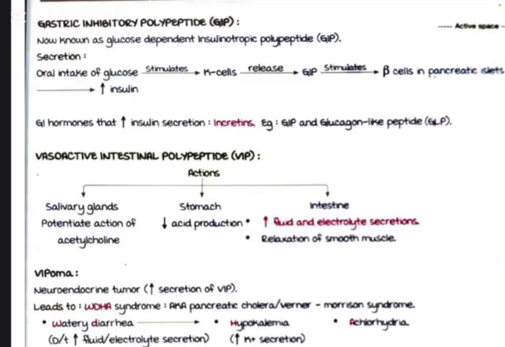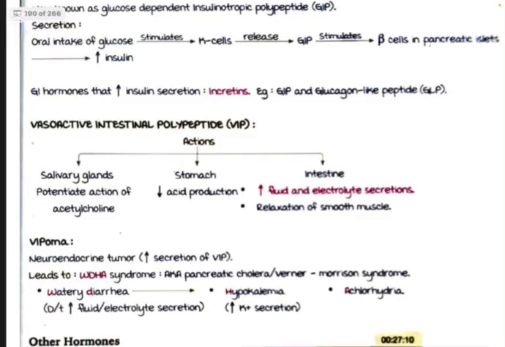Secretion: oral intake of glucose stimulates K cells, which release glucose-dependent insulinotropic polypeptide, which stimulates beta cells in pancreatic islets, which increases release of insulin. GI hormones that increase insulin secretion are called incretins, for example glucose-dependent insulinotropic polypeptide and glucagon-like peptide, GLP.